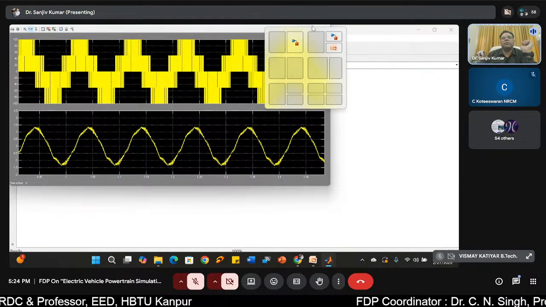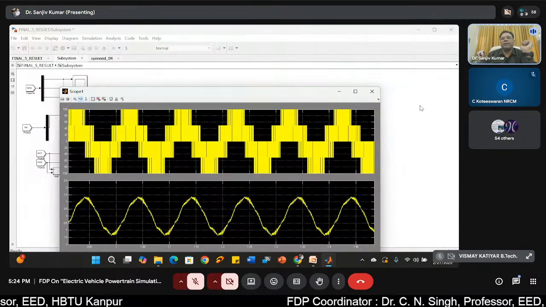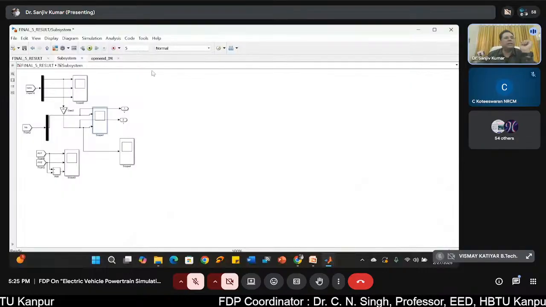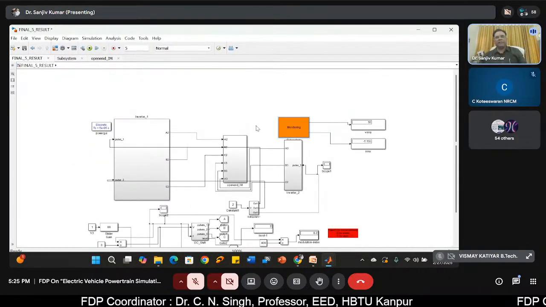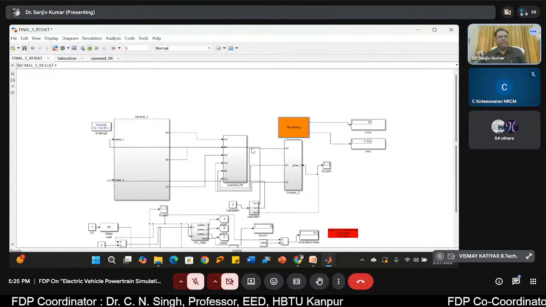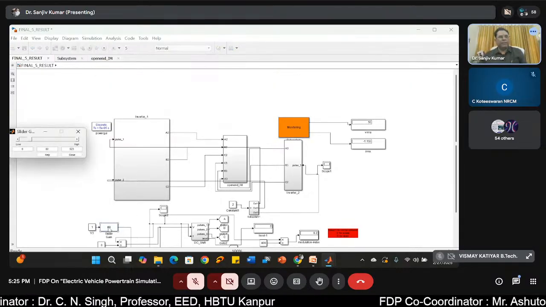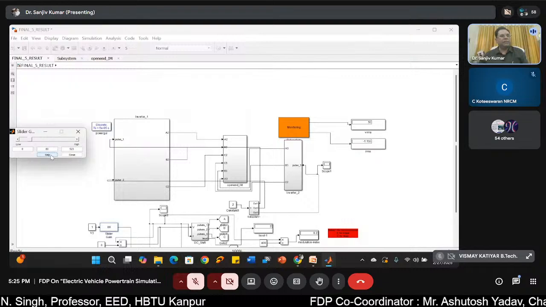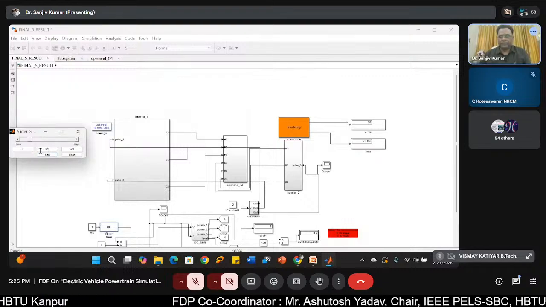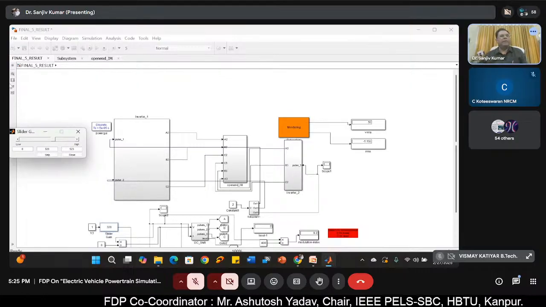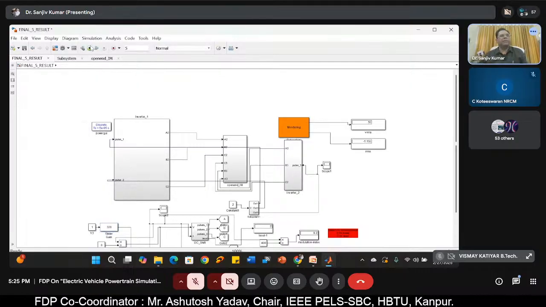Now what I am going to do is increase the modulation index. Let us make this 320. Now run this.